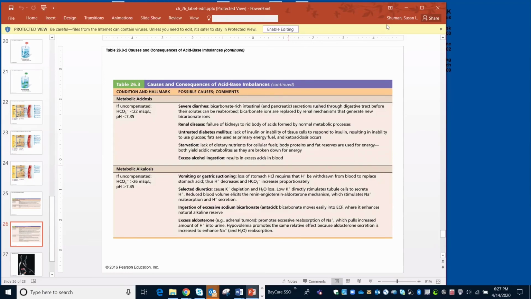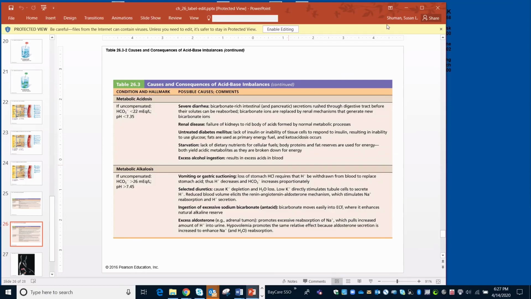Okay, let's do a pH of 7.45. High, low, or normal? Normal, but on the alkalotic side. So I'm putting alkalosis with a little parentheses around it because I'm not sure.